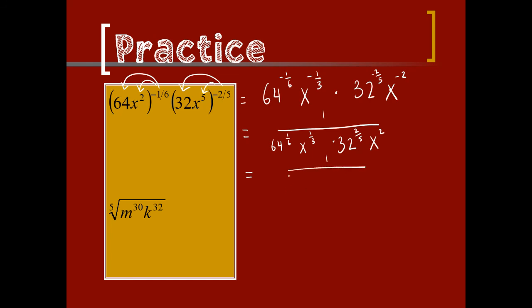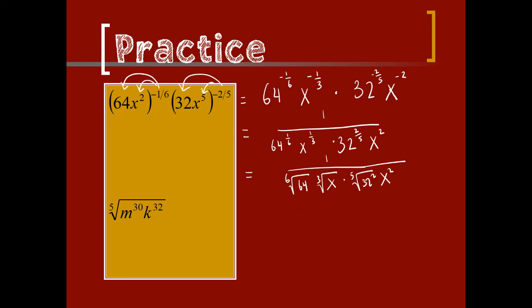This is the same thing as the 6th root of 64, right? So like what times itself 6 times? We've actually already done this one today, or in this lesson. This is the 3rd root, the cube root of x. This is the 5th root of 32 squared. And this is just x squared.